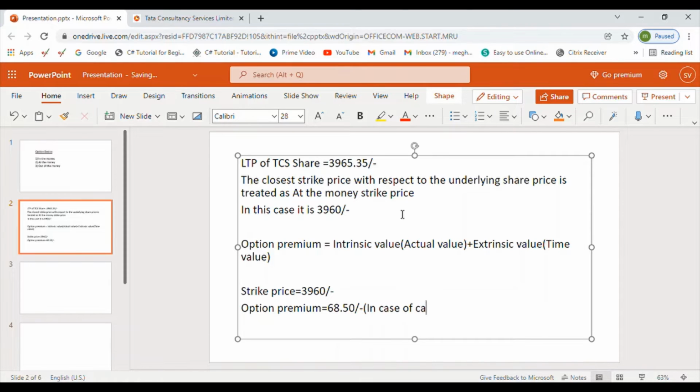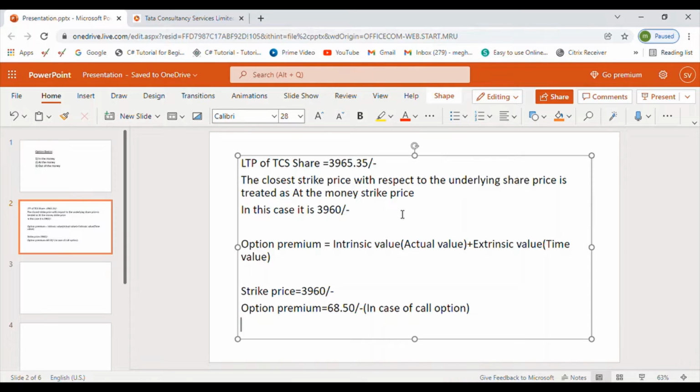Now, as I said earlier, premium consists of both actual value and time value. This 68 rupees 50 paise is not just actual value and not just time value. It is a combination of both.